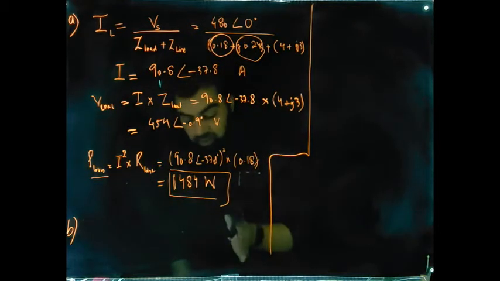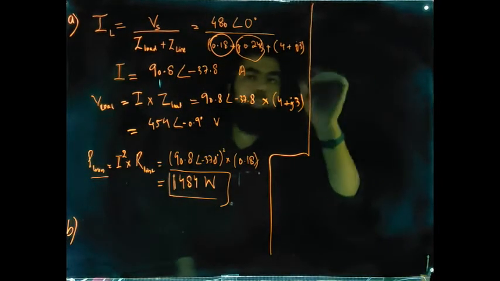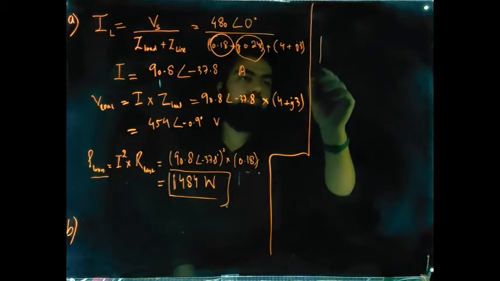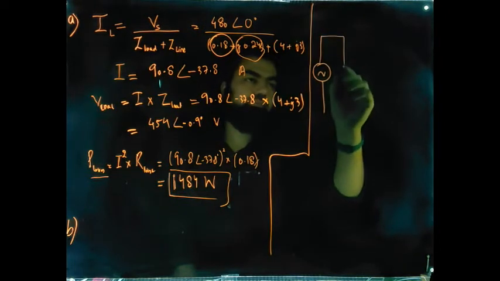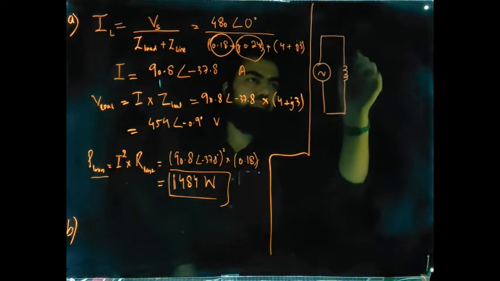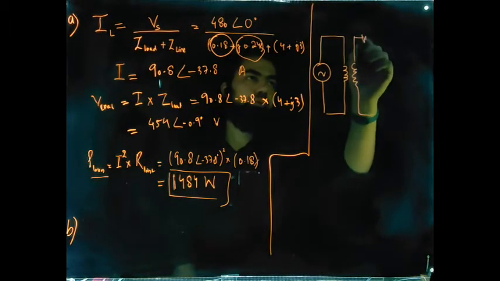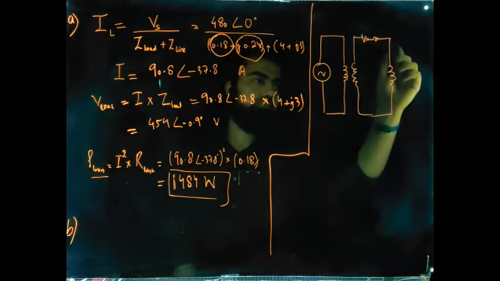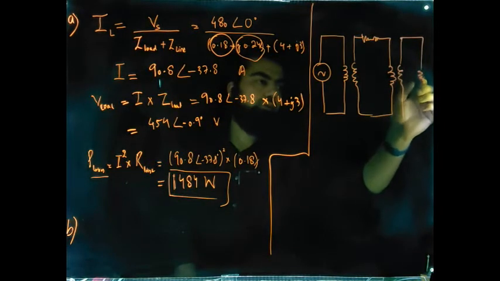So we have that load circuit. This is our system now. It has its own resistance or its own impedance, and then you have another transformer here, and you have a resistance here.